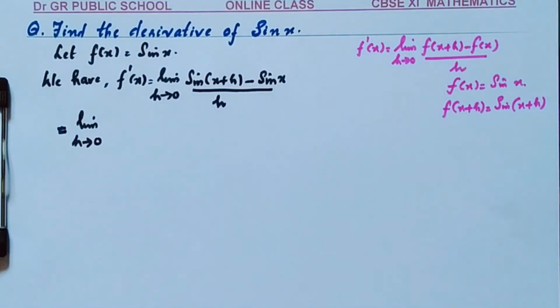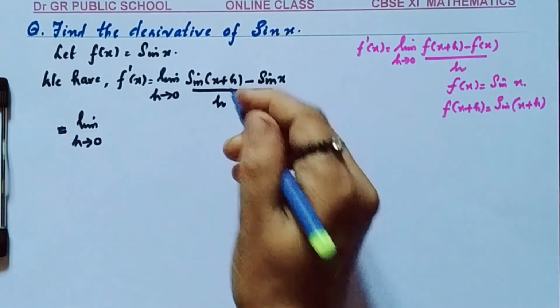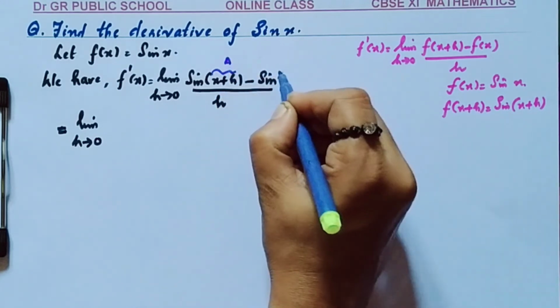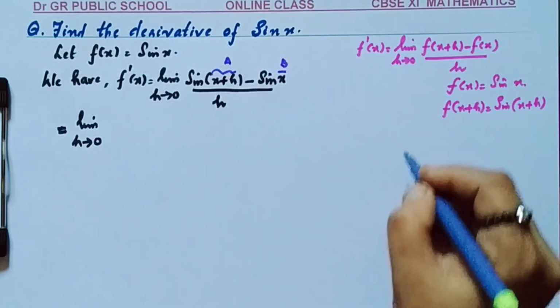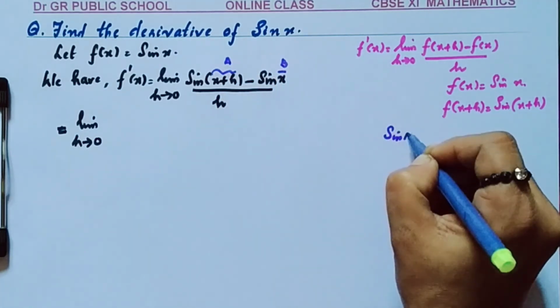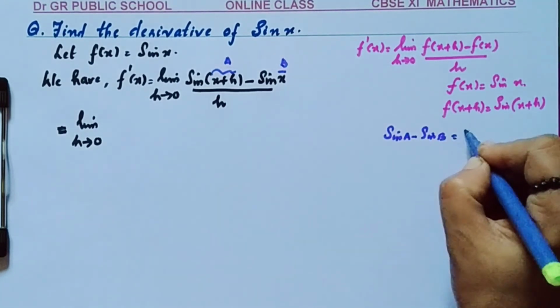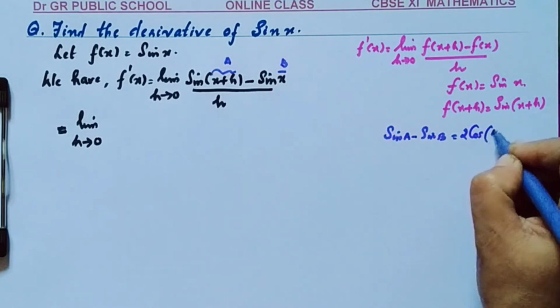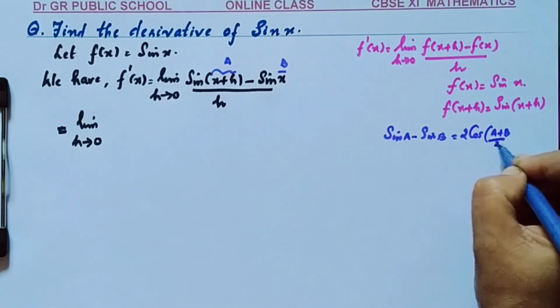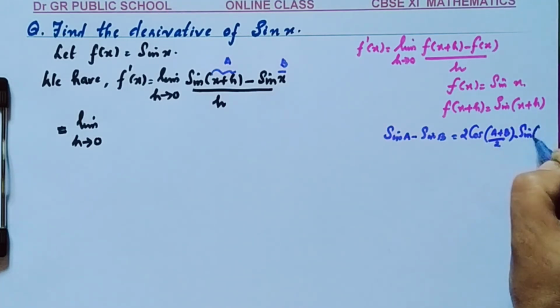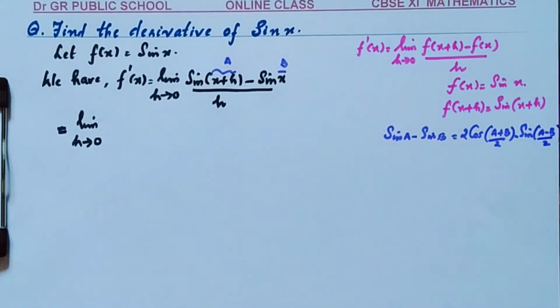This is of the form sin a minus sin b. What is the formula for sin a minus sin b? The trigonometric formula is 2 cos a plus b by 2 into sin a minus b by 2. This formula I am going to apply here.